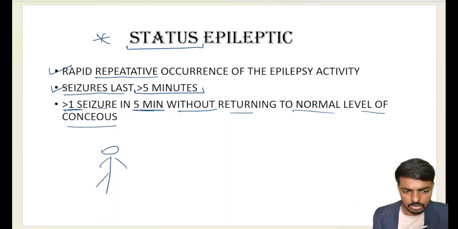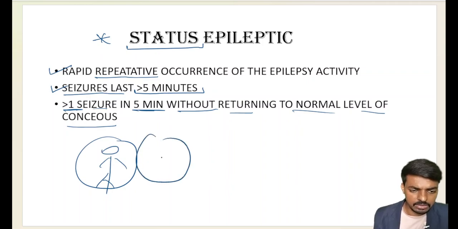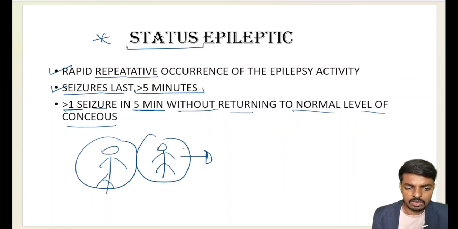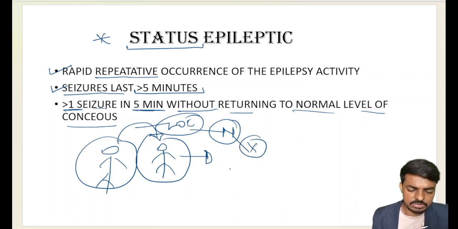This person went into seizure activity and the seizure repeatedly occurs. Normally, between one epileptic episode and another, the patient should come to the normal level of consciousness. But if the patient does not come to the normal level of consciousness and another episode of epilepsy occurs, that is a severe acute exacerbation of the epilepsy. That is what we call status epilepticus.